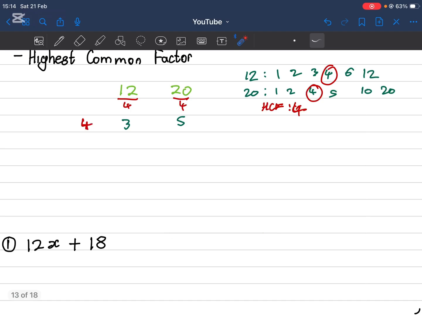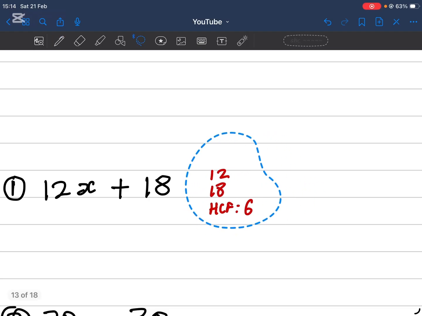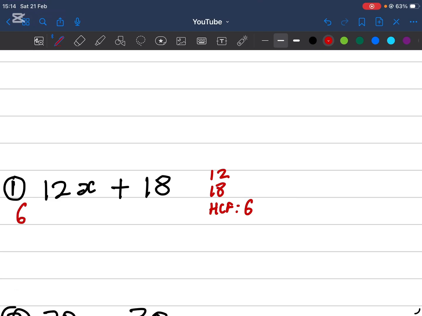If you've got 12x plus 18, the first step is to find the highest common factor between 12 and 18. You can work this out, and you should get that the highest common factor is 6. Now that I have my highest common factor, I'm going to put it down: 6, and open a bracket and close it on the other side.